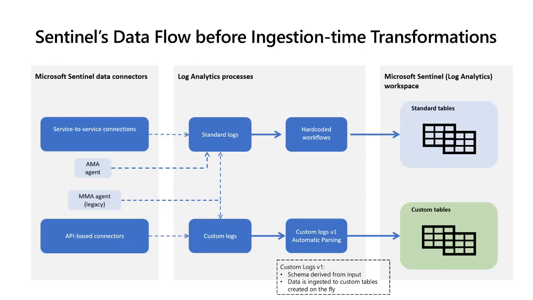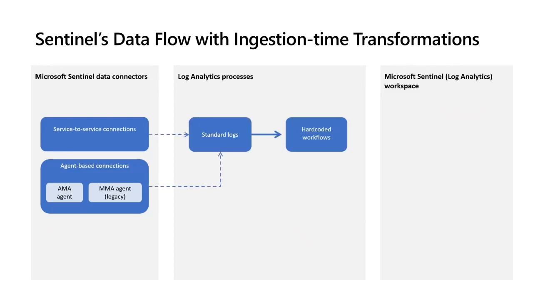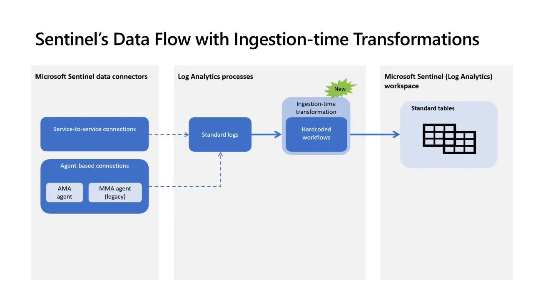Let's take a look at how this changed with the addition of the ingestion-time transformation features. So we still have on the left the same service-to-service connections, and now we have grouped into a single bundle MMA and AMA. They still go to the same workflow, standard logs, and the hard-coded workflows, but now we have added the option to do ingestion-time transformations, to massage, to reshape the data as it is getting ingested into the workspace, and it lands into the standard tables.